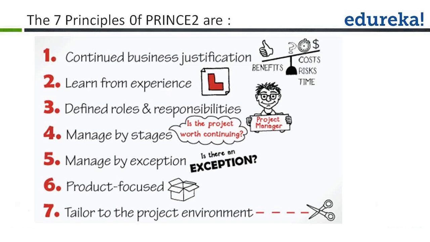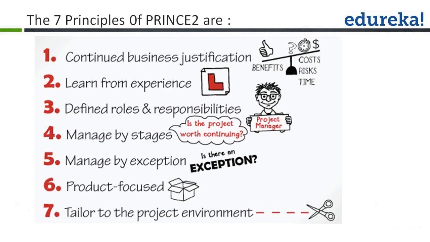Last but not least is tailoring to suit the project environment. Now, no two projects are the same. The level of control required for a large complex project is much greater than that required for a small project. As the risks associated with complex projects are high, the number of stages required is likely to be greater than for a low-risk project.